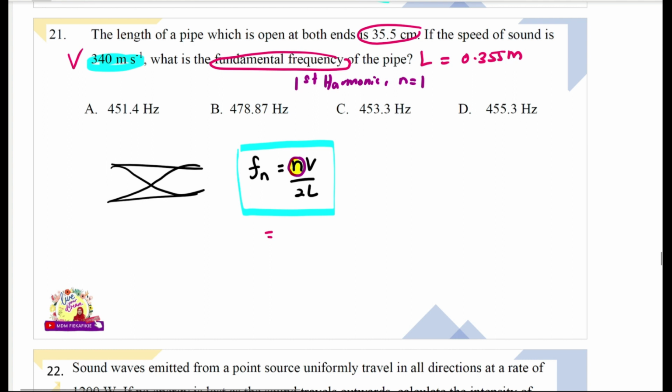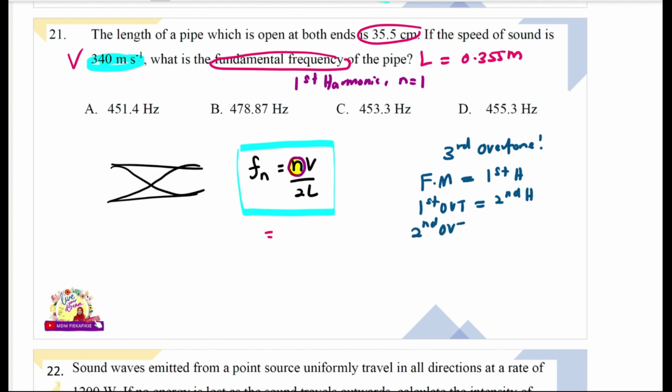Okay, tapi kalau soalan sebut, contoh dia kata calculate the frequency of the third overtone. Okay, so third overtone berapa harmonics? Okay, so kena ingat balik. Fundamental mode bersamaan dengan first harmonic. First overtone bersamaan dengan second harmonic.